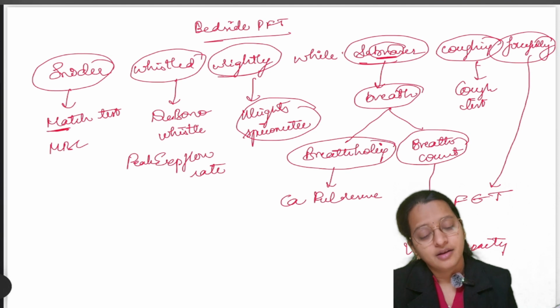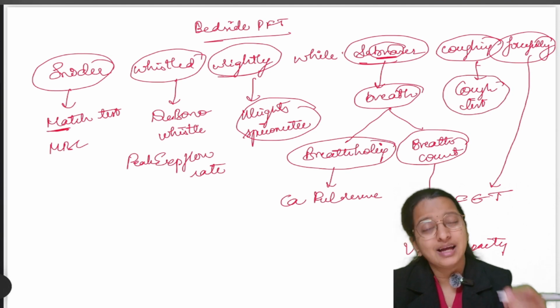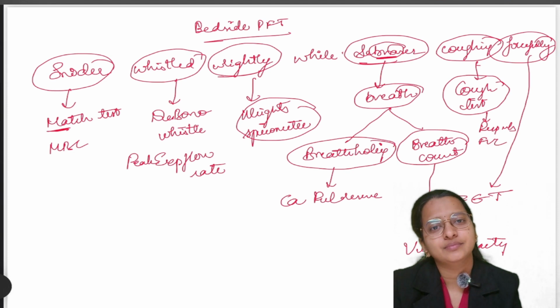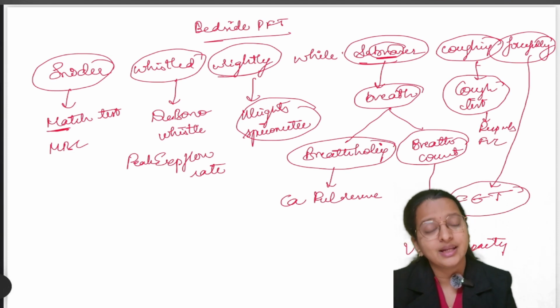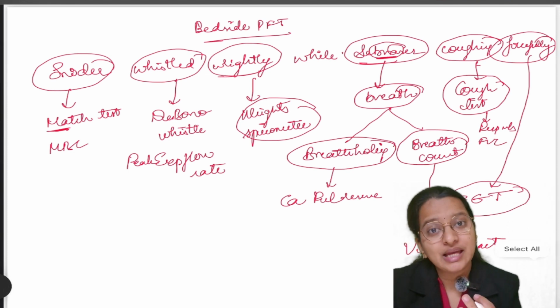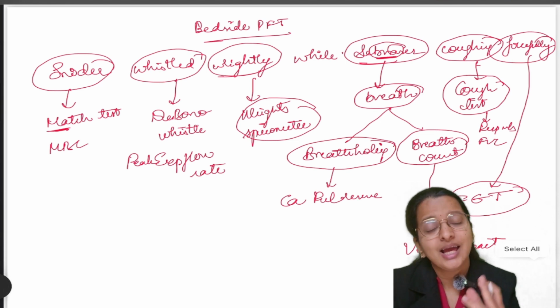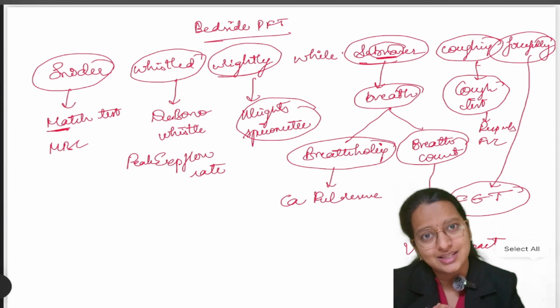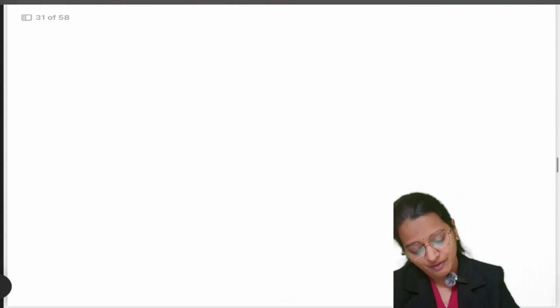Cough test: if he can cough properly, his respiratory muscle strength is normal and his FVC is normal. Finally, forced expiratory time: we see how much time he takes for expiration, so that in obstructive disease it takes more time, and in restrictive disease the time is decreased. Okay. So we'll see them one by one.